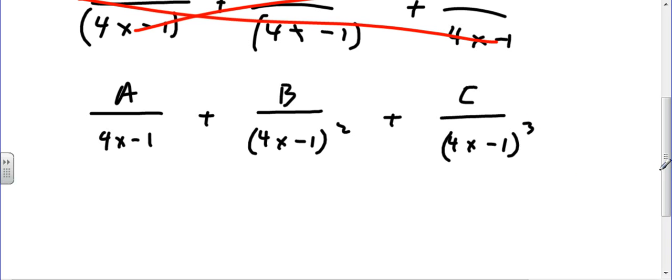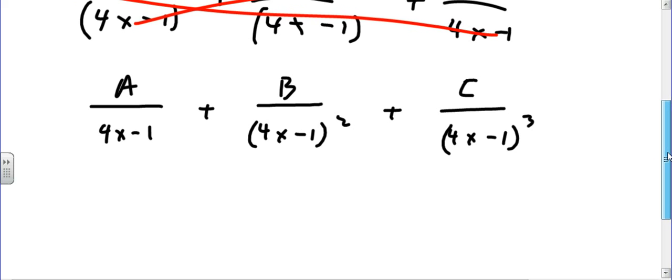So we need a common denominator again, and the common denominator is 4x minus 1 cubed.